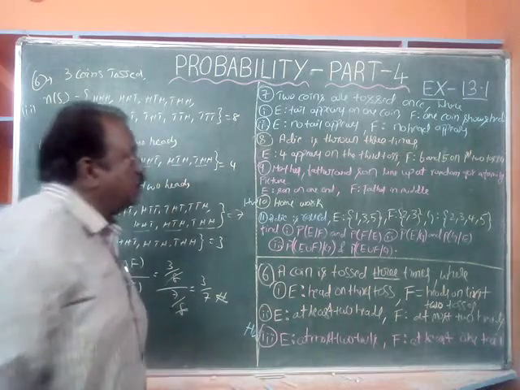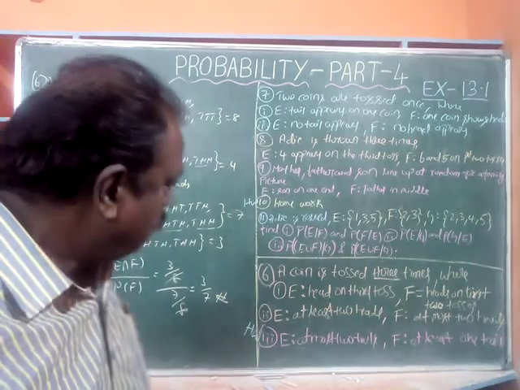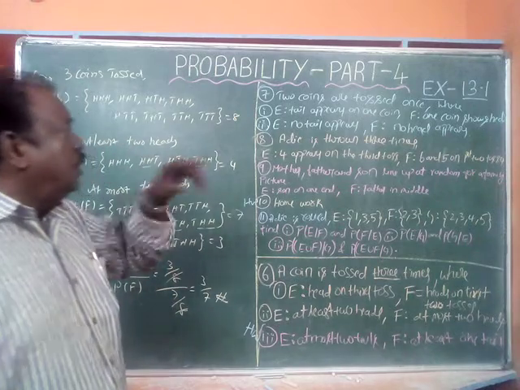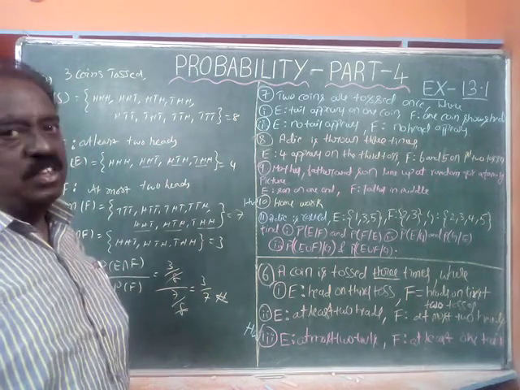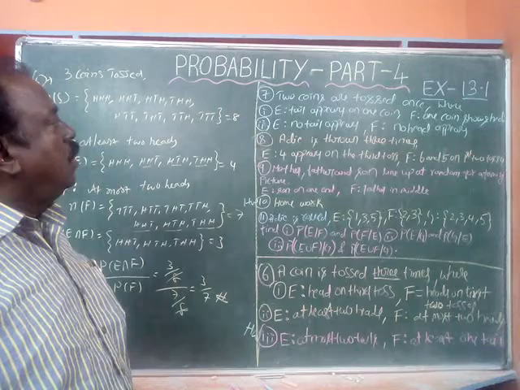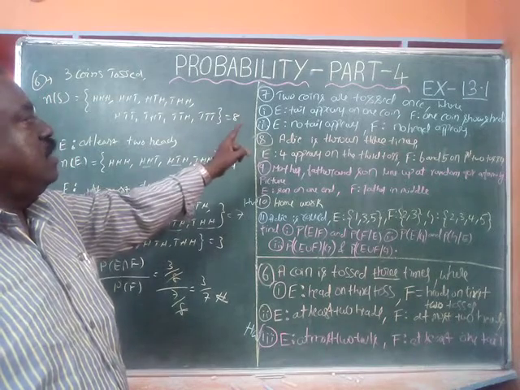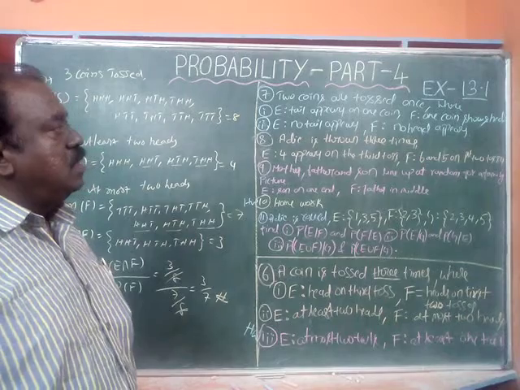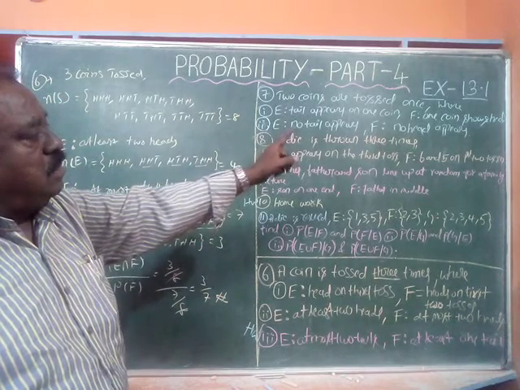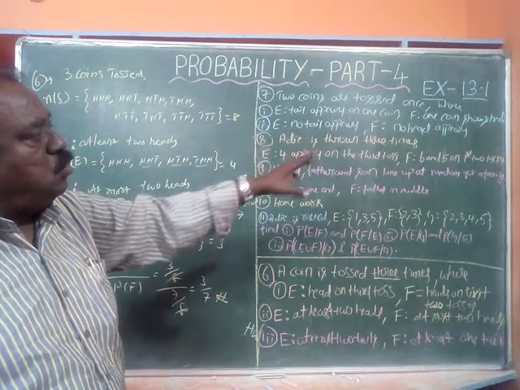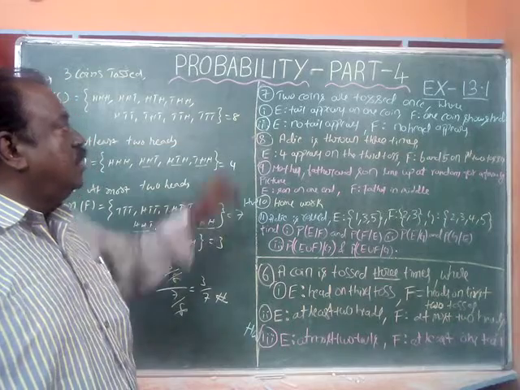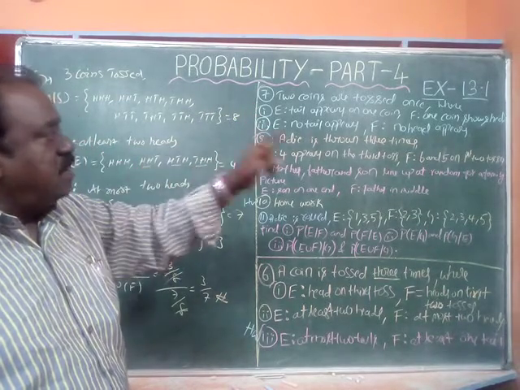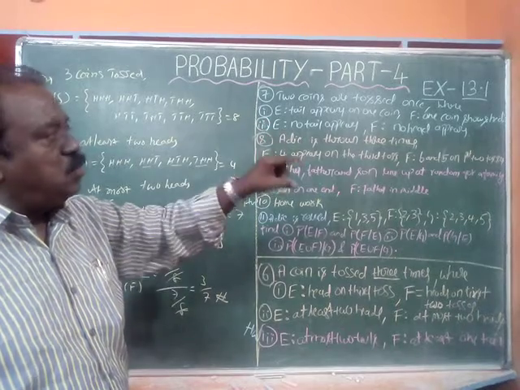Now we go to the seventh problem. Two coins are tossed once. E is the event that a tail appears on one coin, and F is the event that one coin shows a head.